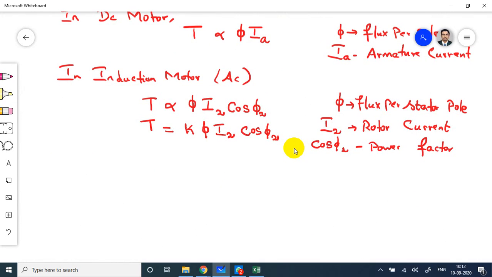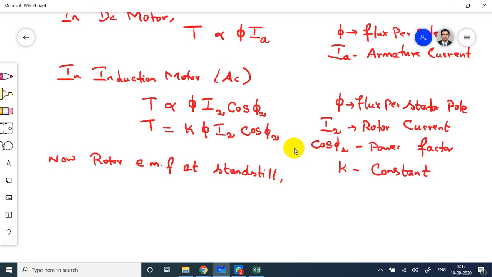Where K is a constant. Denote the rotor EMF at standstill, that is, when it is not running, by E2.